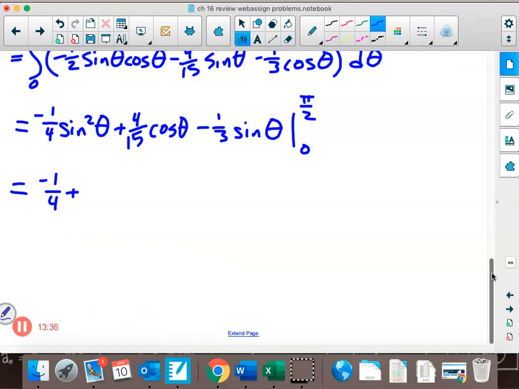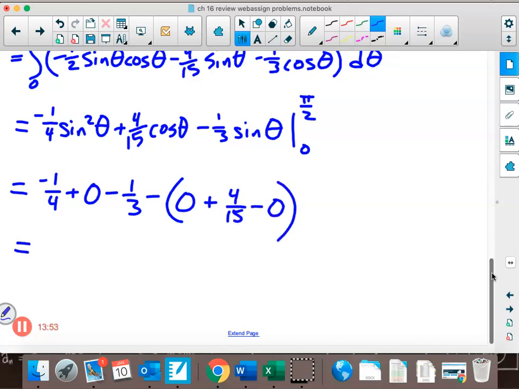So, negative 1/4 plus 0 minus 1/3 minus 0 plus 4/15 minus 0. Now we get negative 1/4 minus 1/3 minus 4/15.